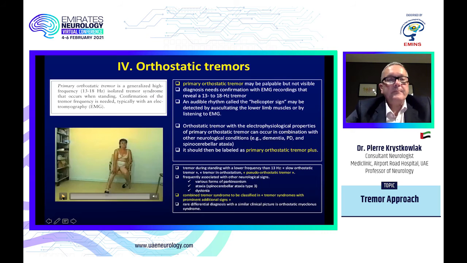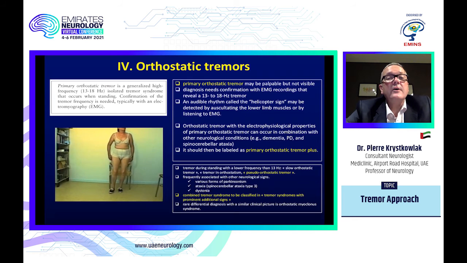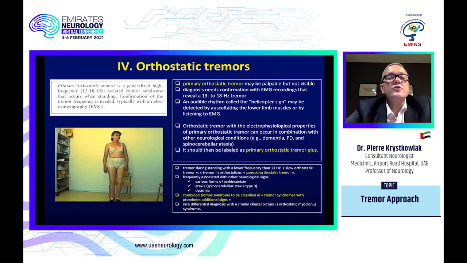Now, let's move to the fourth big category of tremor syndromes, which is orthostatic tremors. You have the primary orthostatic tremor, which is a generalized, high-frequency, 13 to 18 hertz, isolated tremor syndrome that only occurs when standing and goes away when the patient walks.